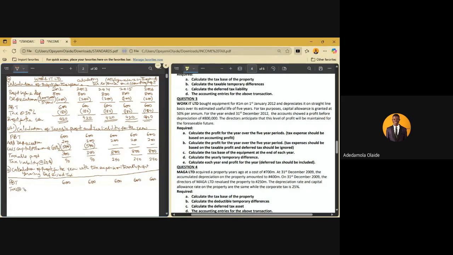The tax at 30% will be what? 90, 90, 240, 240, 240.